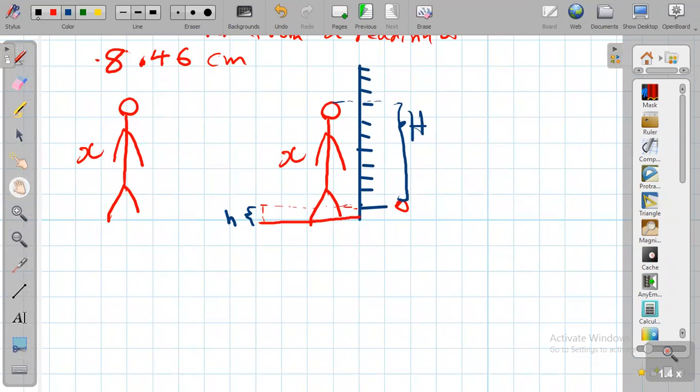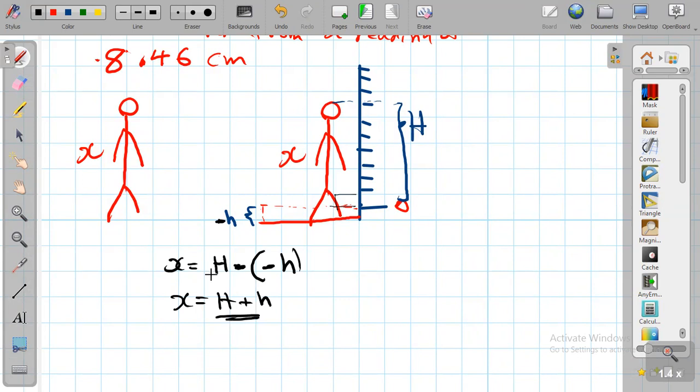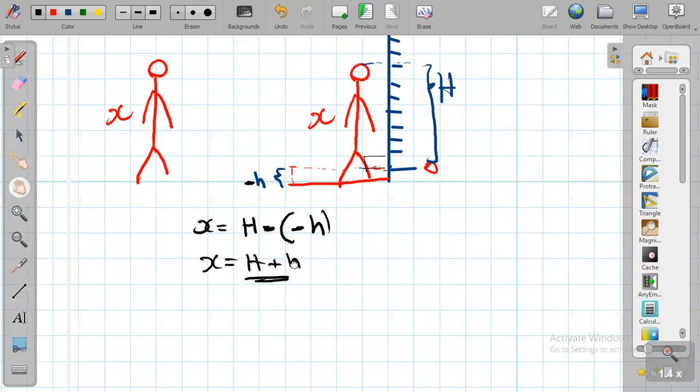So how to mark his height now? x equals H, minus, because I have to subtract, but this was a negative height, not a positive height like before. So negative h, and the final result is H plus simple h. You have to add that. The way of solving it is something like this.